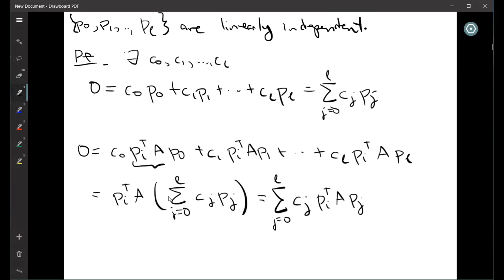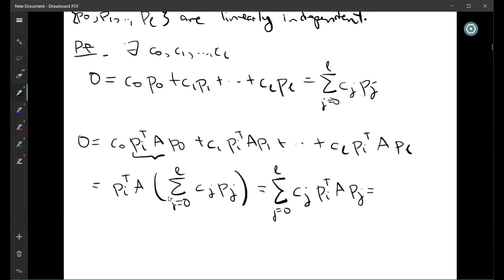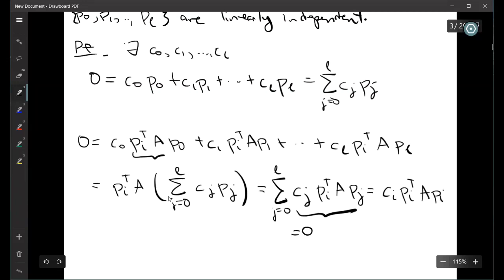And then, because from the definition of A-conjugate, the only term left in the summation is when j is equal to i. So that's c_i p_i transpose A p_i, because the other terms are equal to 0 if j is not equal to i.